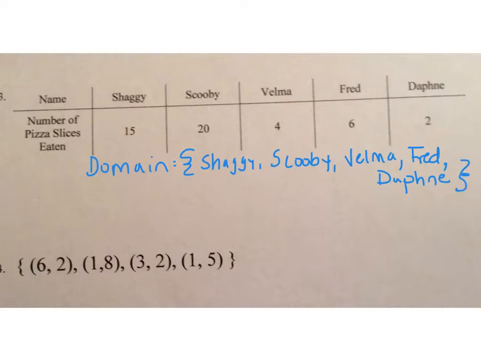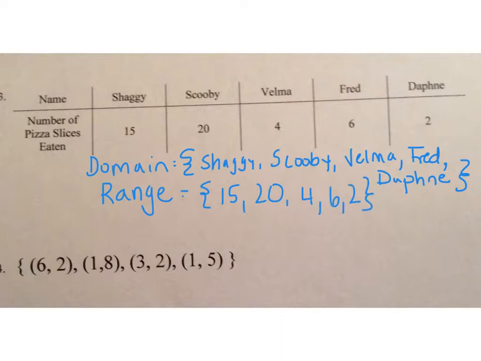Now the range is going to be the set of numbers that represent the number of slices of pizza each person ate. So the range, in this case, is 15, 20, 4, 6, and 2. Alright?